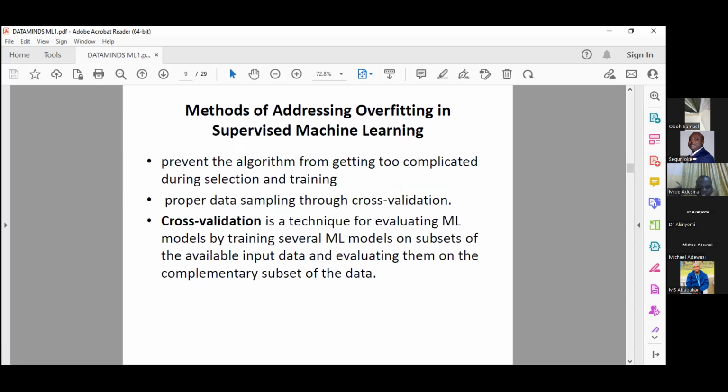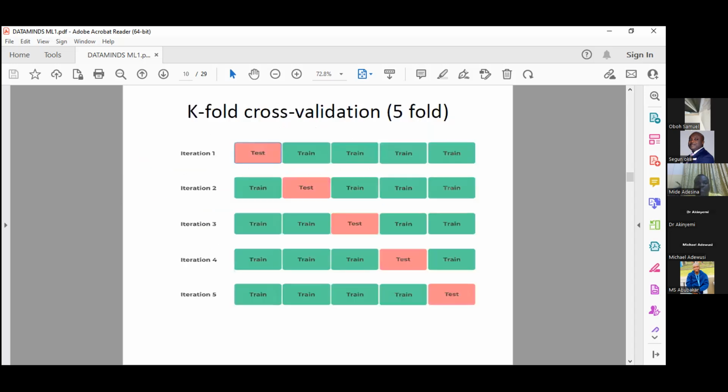All right. So cross-validation is a technique for evaluating a machine learning model by training several machine learning models on a subset of the available input data and evaluating them on the complementary subset of the data. Let's now look at the different types of cross-validation.